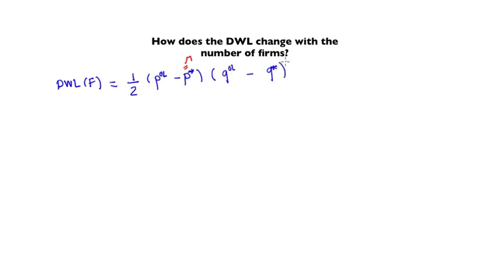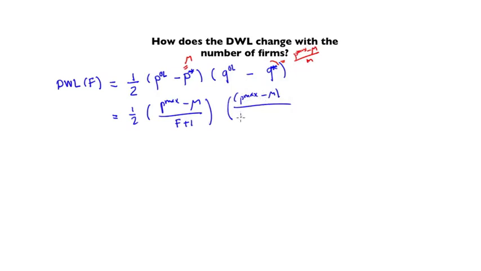As we saw before, the competitive quantity is (P max minus mu) divided by M. If you do the algebra, this gives you 1/2 of (P max minus mu) divided by (F plus 1), times (P max minus mu) divided by M times (F plus 1). And this is equal to 1 over 2M times (P max minus mu) squared divided by (F plus 1) squared.